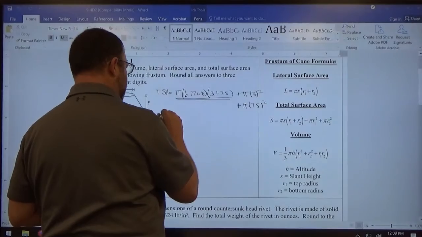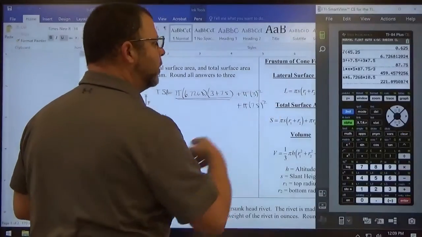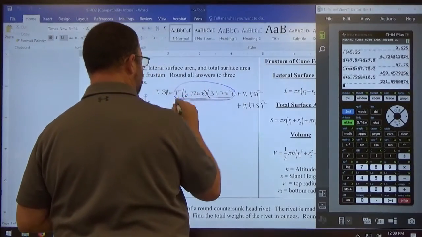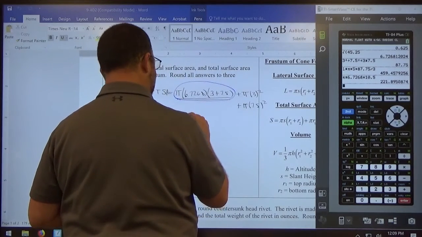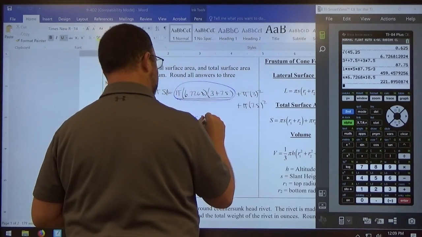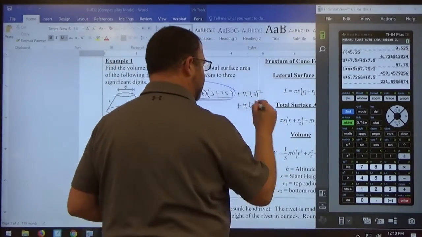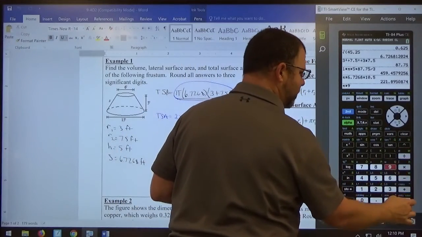So my total surface area here is going to be that 221.895084. This right here is exactly what it was before, so it's still 221.895084. And then pi r squared for the top, pi times 3 squared is just pi times 9, right?